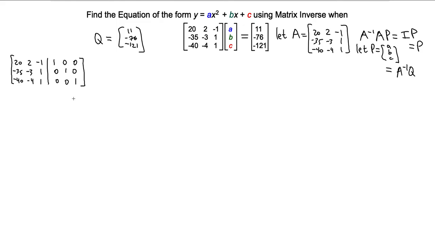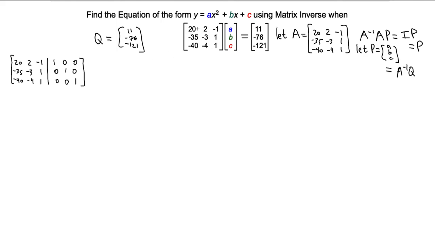Identity is helpful because we need to reduce the given matrix A to reduced row echelon form. So we want to transform this into this. By the same set of operations that we use to transform this matrix A into the identity, we'll have transformed the identity into the inverse that we need to find.